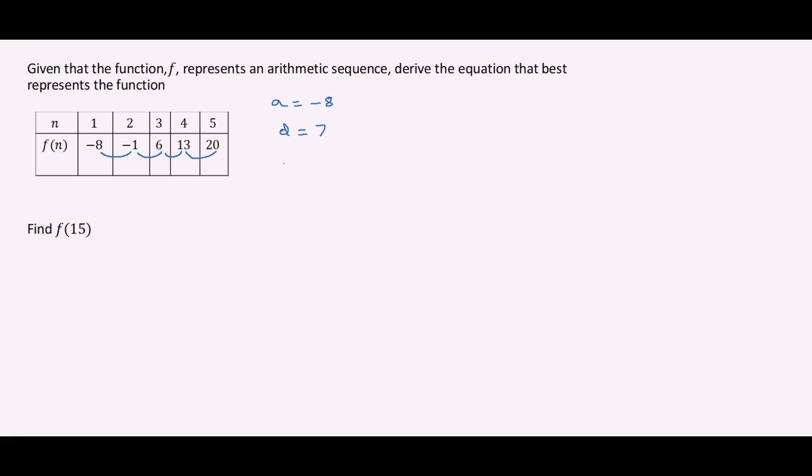So f of n is going to be a, which is negative 8, plus n minus 1 multiplied by 7, which is negative 8 plus 7 multiplied by n minus 1.